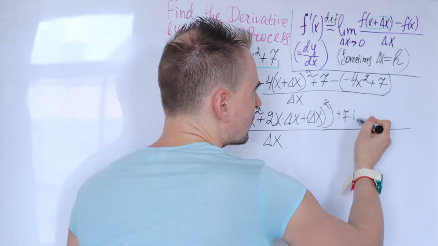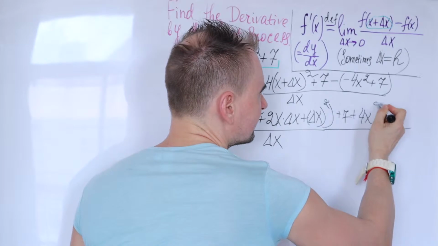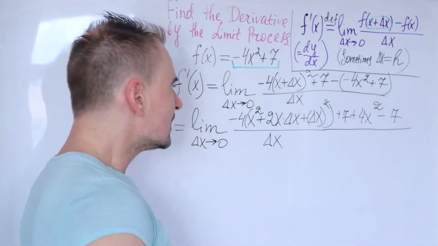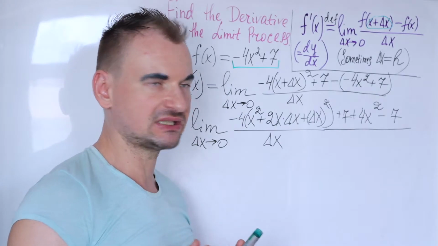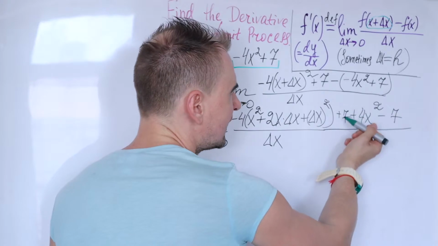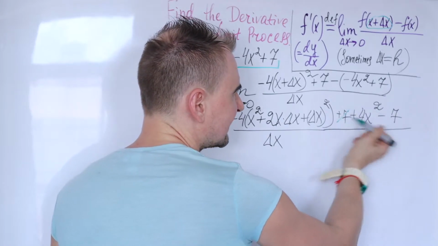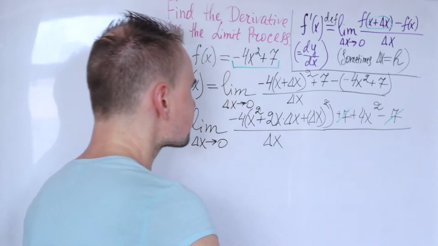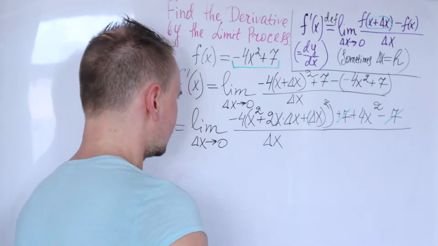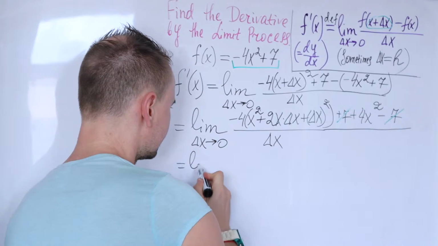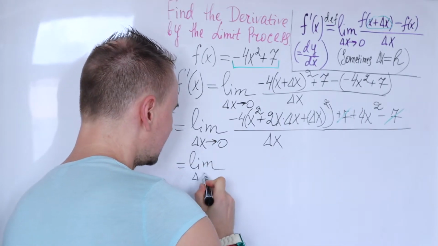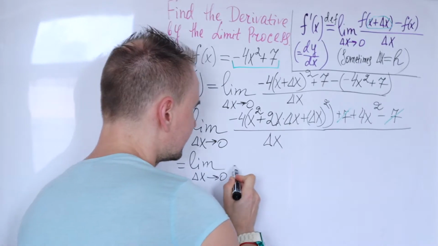So it becomes positive 4x squared and negative 7. Something might cancel, and at this point it will. Let's check to see if anything can be cancelled. So 7 and negative 7. Keep simplifying as much as you can. Delta x goes to 0.